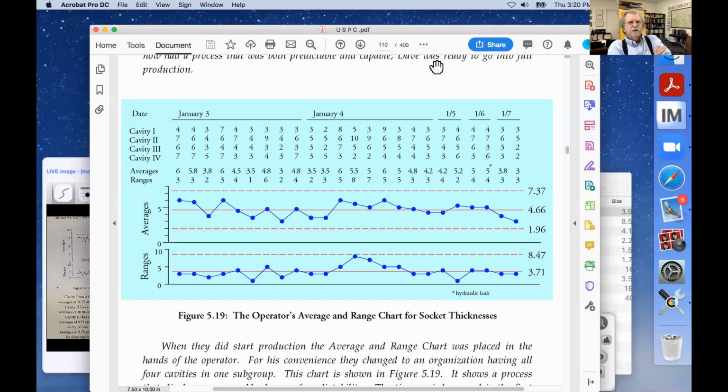Which of the 3 organizations we've looked at is this most similar to? Is this similar to page 104, 106, or 108? How is it similar?